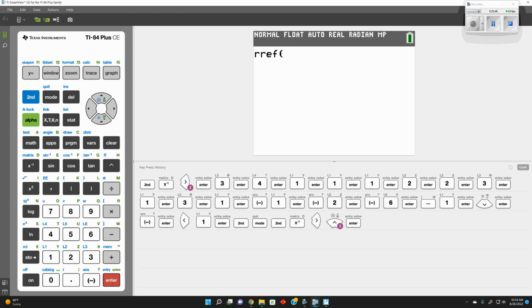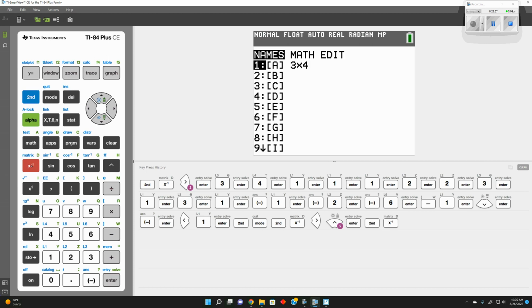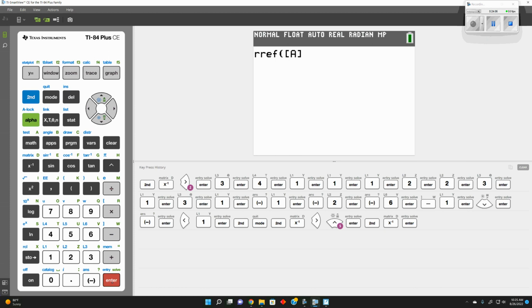So what we're telling the calculator is to change the matrix, or whatever matrix we put in after this, into reduced row echelon form. Well, we're going to have to do this again, second matrix, because we need to name a matrix. Well, which one do we want to name? A, so we can hit enter, and then hit enter one more time.